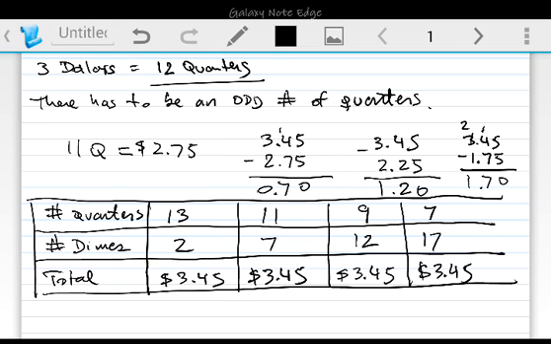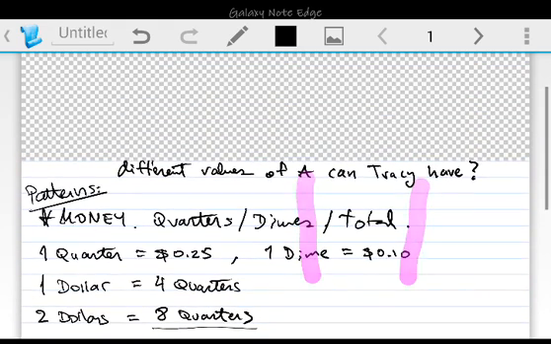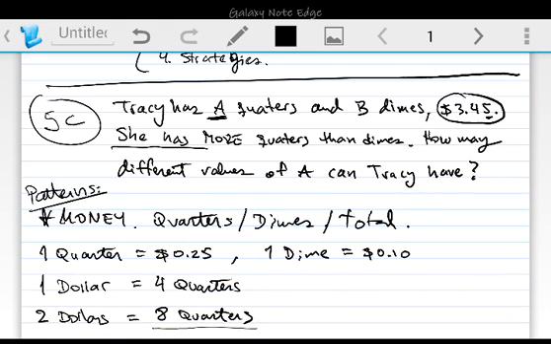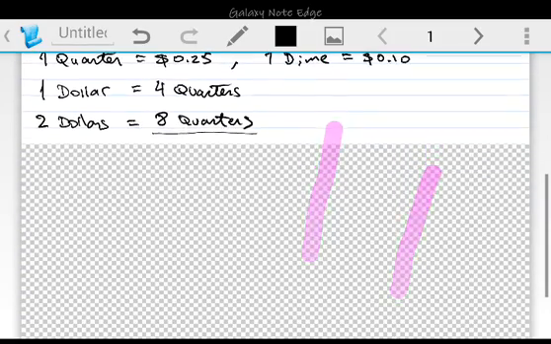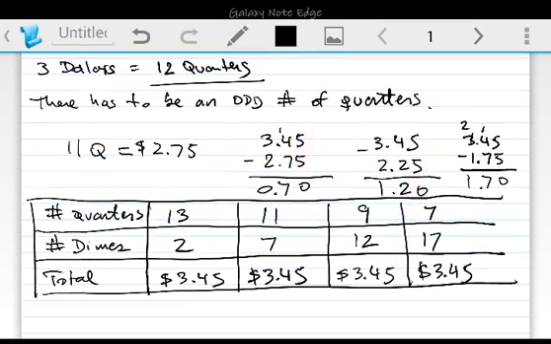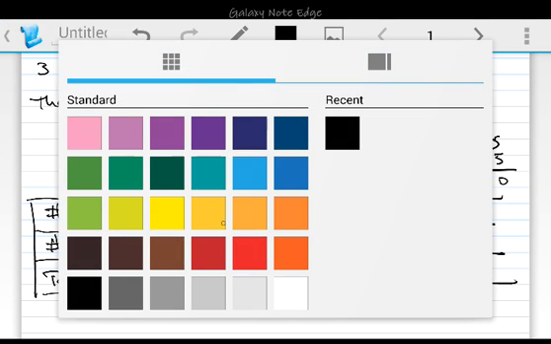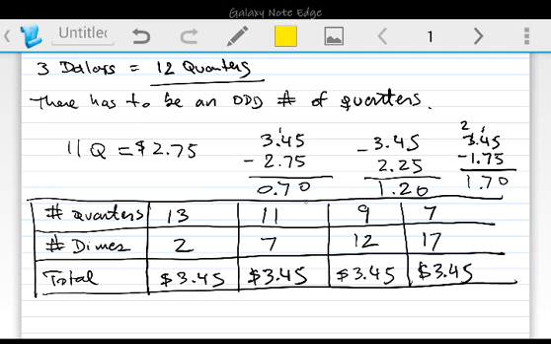But the problem said that she has more quarters than dimes. And then the question is, how many values of A? How many values of quarters? I think that what they're really asking is how many combinations satisfy that condition, which in this case is these two.